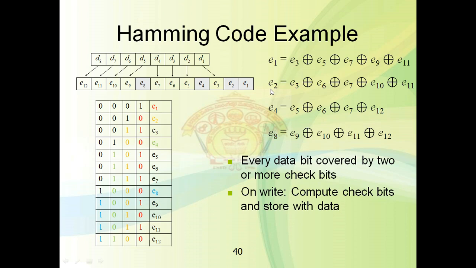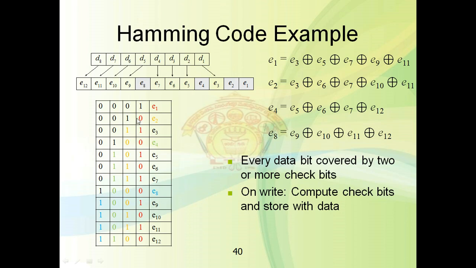Now how to calculate E2? For E2, go for the second row, leave the second position and in the downward direction, collect the positions of bits where we get 1, and we have to XOR them.